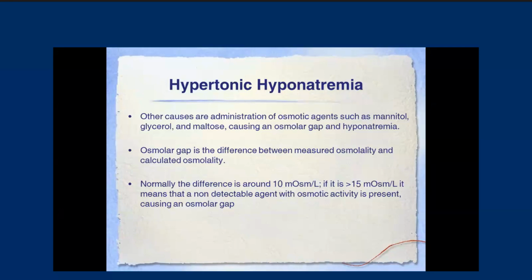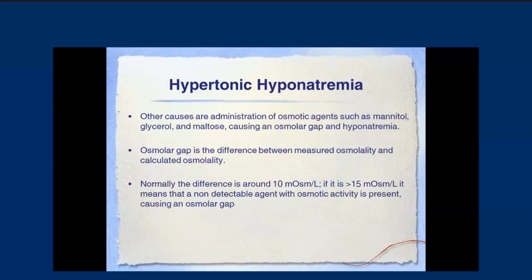So if we look at the difference between the measured osmolality, which is measured in the lab, and the calculated one, usually the normal is around 10, and if it is greater than 15, that means there are osmotically active non-detectable agents present, causing an osmolar gap and causing hyponatremia.